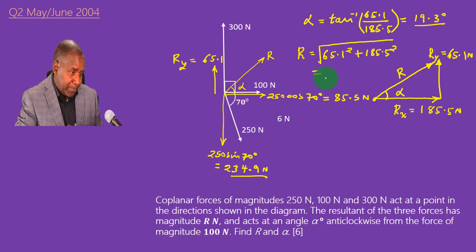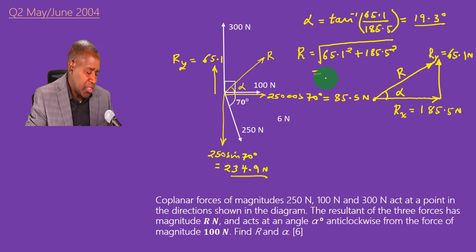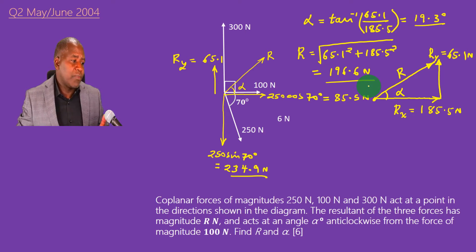I add 185.5 squared. I get that. Then I get the square root of that answer, and that will give me 196.6 newtons. And it is just as simple as that.